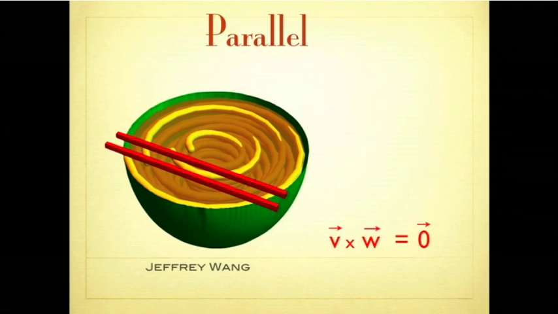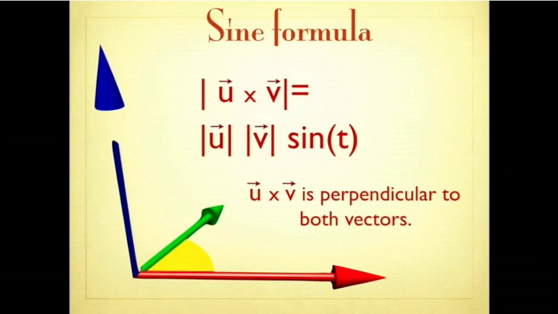So that's parallel. And then we have a very important formula for the cross product, which gives you the length of the cross product. The direction is perpendicular to the two vectors, but the length is given by this sine formula. And so this is a nice formula.